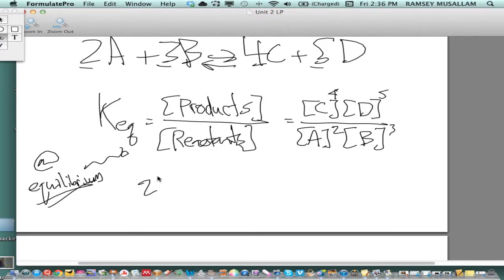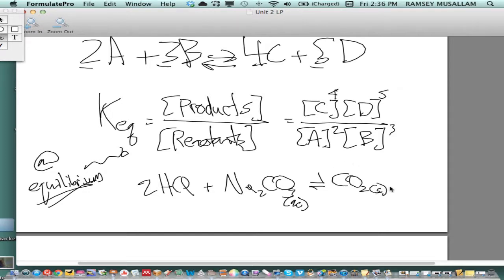Okay? So 2 HCl plus Na2CO3 aqueous is equal to, don't worry about the charges, I'm just writing something out now, CO2 gas plus H2O liquid plus, what else do we make?